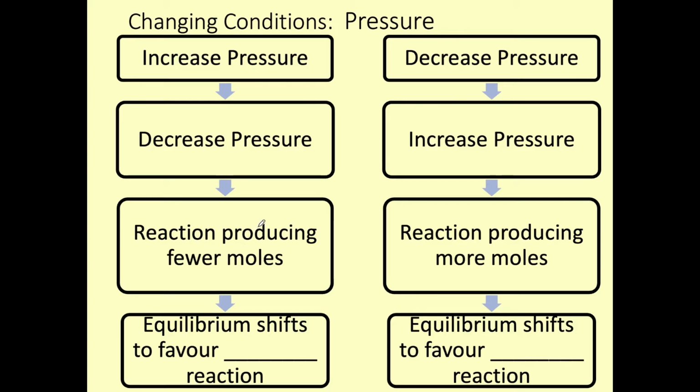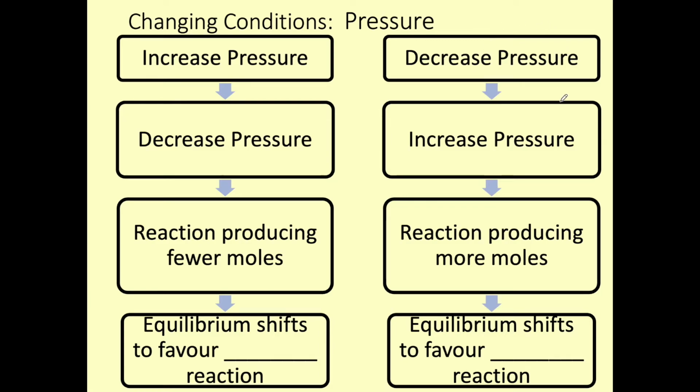So wherever there are fewer molecules on a particular side of the reaction, that's going to be the reaction that gets favoured. And therefore our equilibrium is going to shift to favour either the forwards or backwards reaction, whichever one goes to the side with fewer molecules.